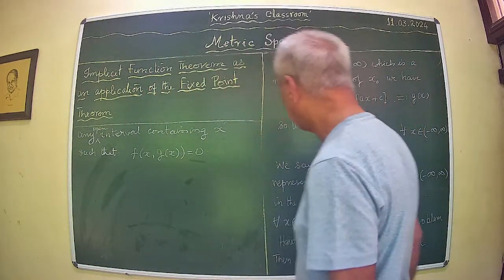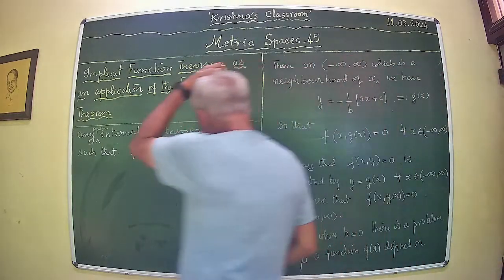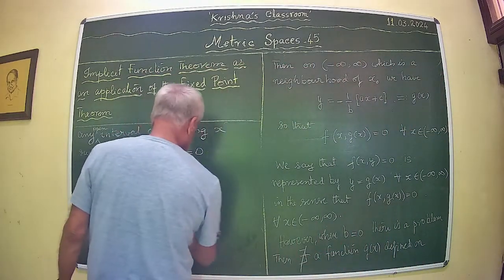What is the difference? The difference is that b is equal to 0. To examine the geometry, this is what it is.